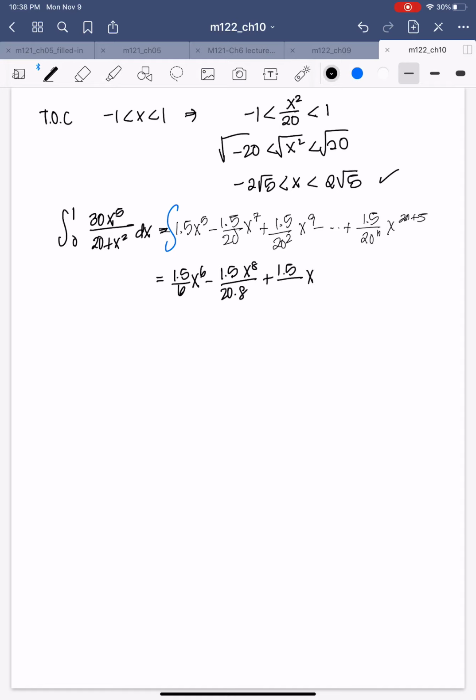Now the new power is 10. So 10 times 20 squared, all the way up to 1.5. And then if I raise by 1, adding 5 plus 1 will be 6. So that's my new power, 2n plus 6, 20 raised to the nth.